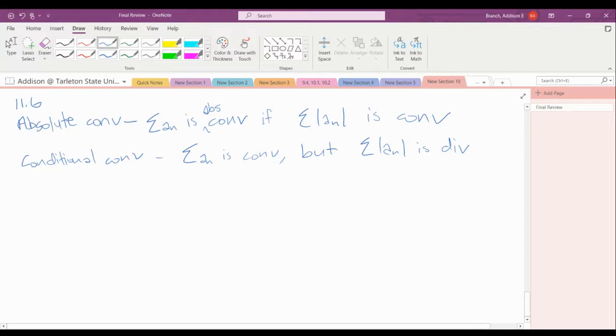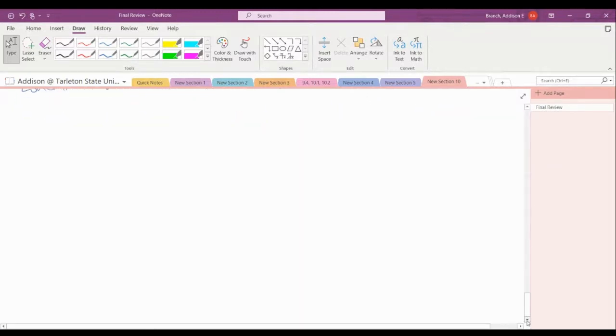So usually, the main place you'll see this, where we're looking at absolute value, is with an alternating series. So now that that's out of the way, let's talk about our ratio test.